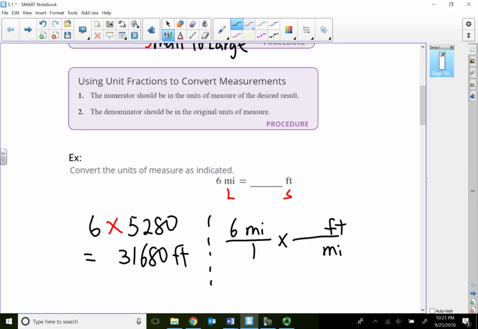Now let's write in the units. The unit says 1 mile for every 5,280 feet. The unit mile, top and bottom, will cancel out just like a fraction. Now all I'm going to do is 6 times 5,280, and the only unit left is feet. So I still come up with 31,680.